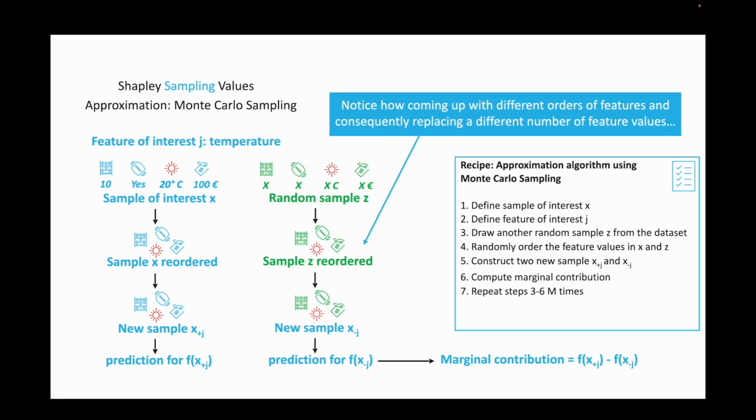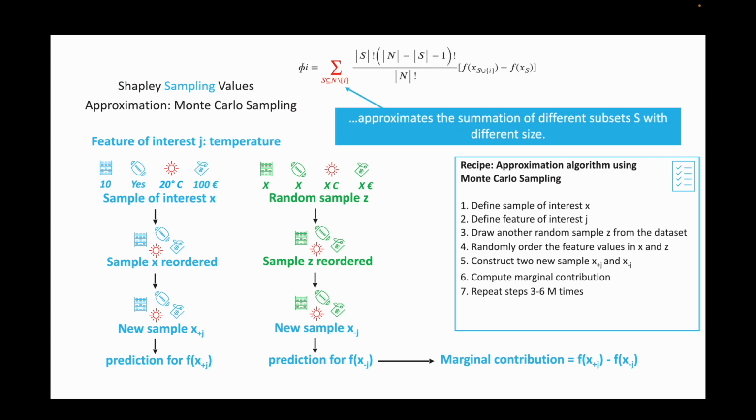Notice how coming up with different orders of features and consequently replacing a different number of feature values approximates the summation of different subsets S with different size.